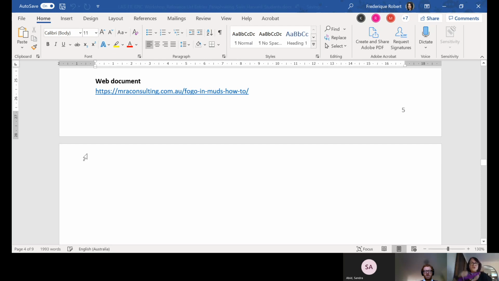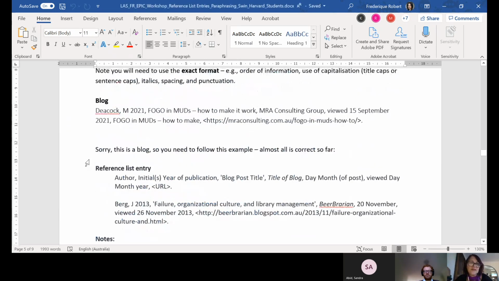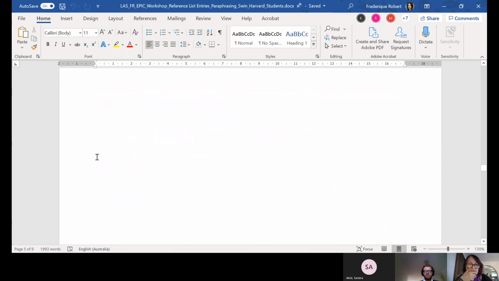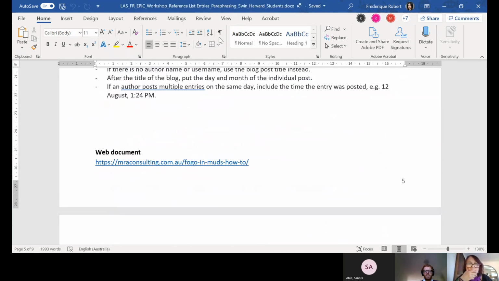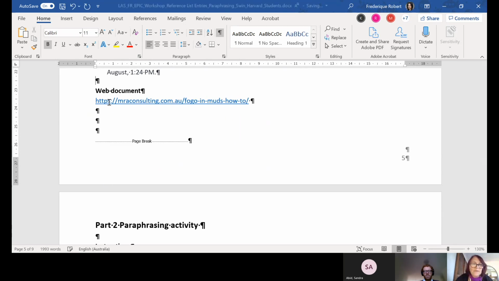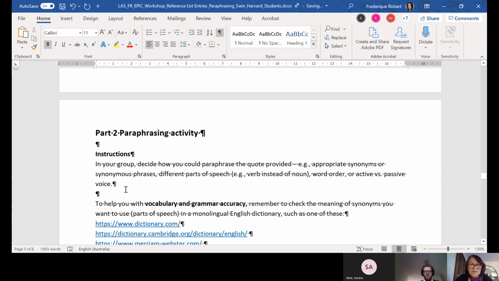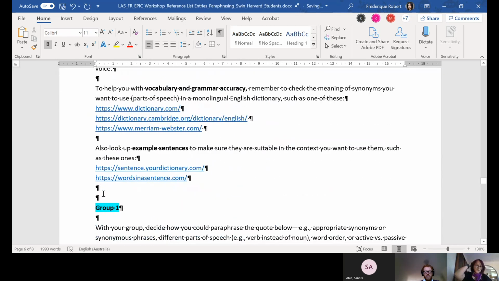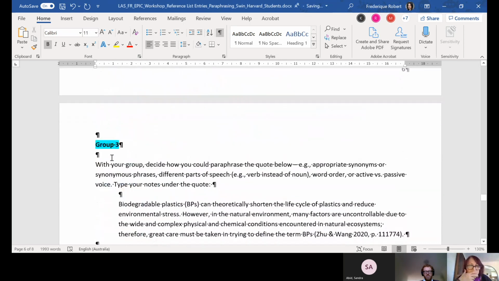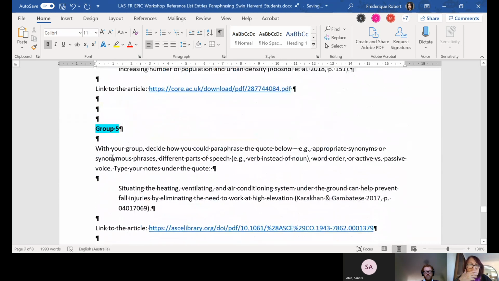I'll post the correct ones after, and at least they can get started with the second activity. Thanks for that. No worries. The other one, I'm not asking them to write. I just want them to think of phrases to go through that process.